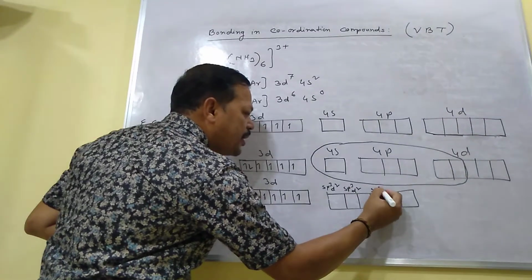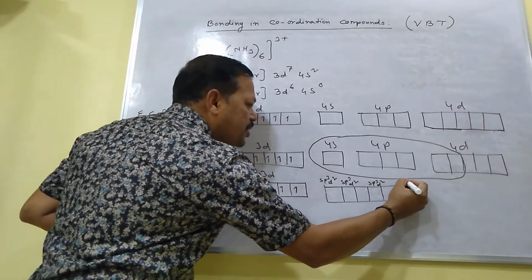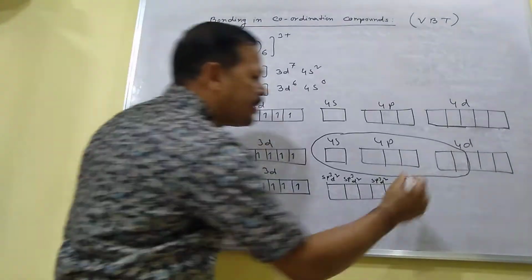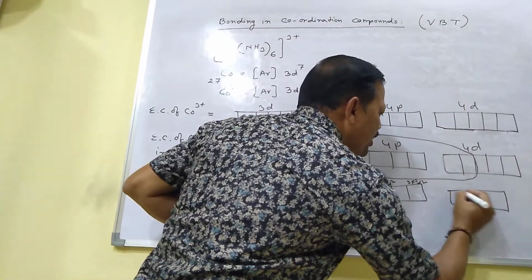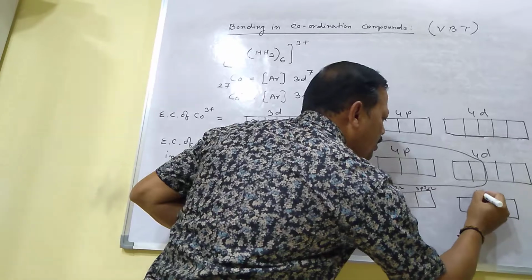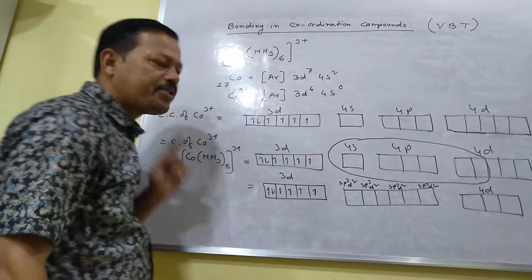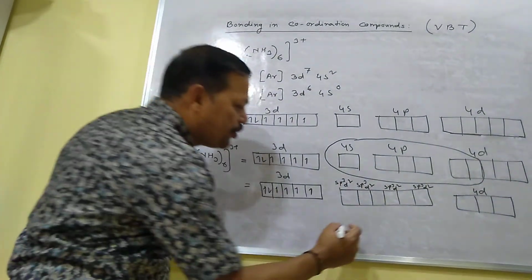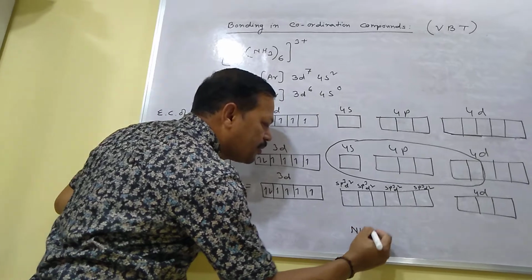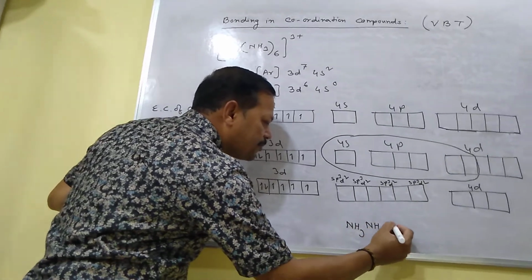So in this way you will get 6 sp3d2 hybrid orbitals, and these 3 4d orbitals do not get involved in mixing, that's why they will remain the same. Now the ligand ammonia, NH3, there are 6 ammonia ligands.